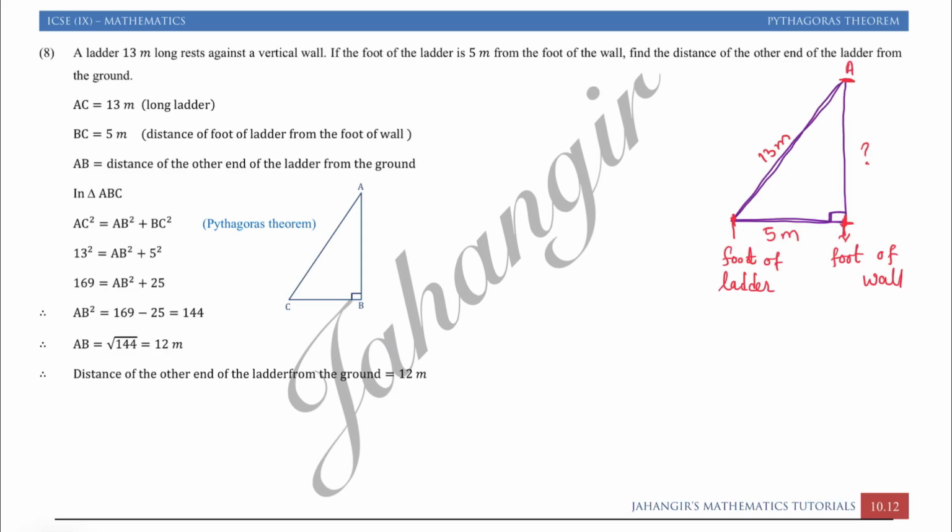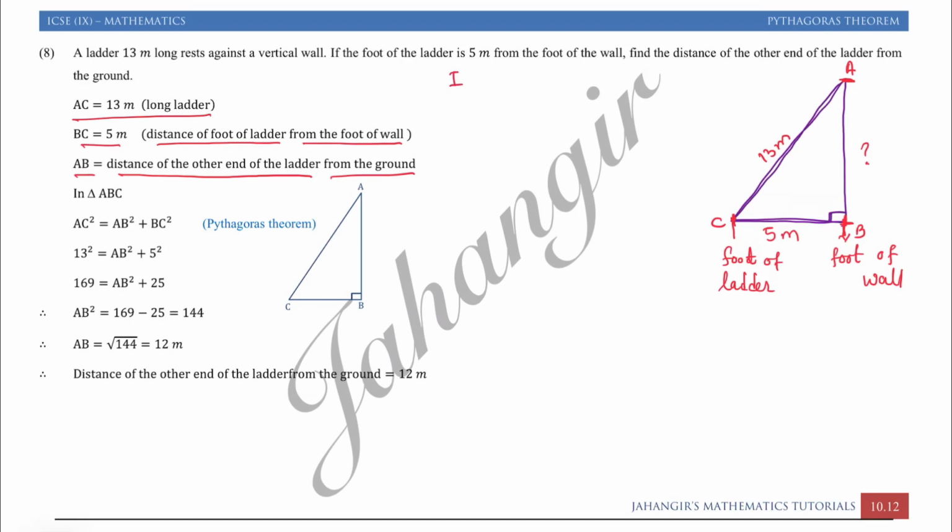So if I am taking it as A, B, C, information is written. AC is 13 meter, the long ladder. BC is the distance of the foot of the ladder from the foot of the wall. AB is the distance of the other end of the ladder from the ground.